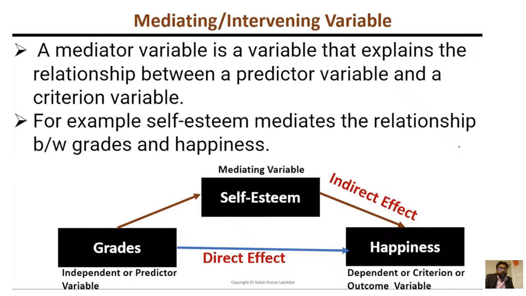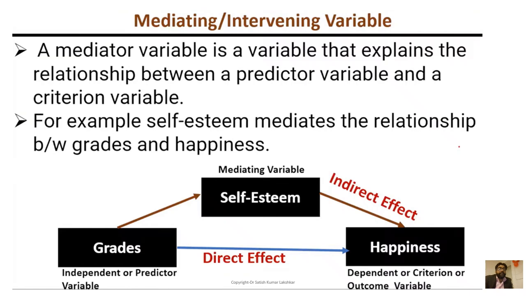So we want to study the impact of grades of a student on the happiness of a student. There could be a direct effect, a direct relationship, and there could be a mediating role also. Mediating role of what? Here we are discussing self-esteem. So in this case we can study the role of self-esteem on happiness also. The effect in this case would be an indirect effect.